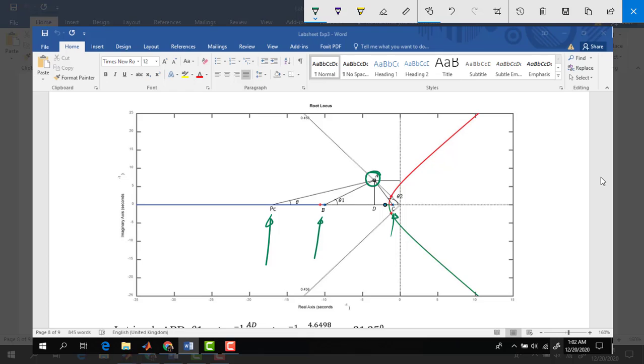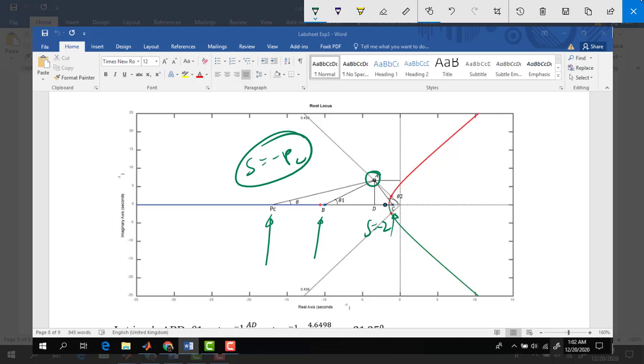You can notice that there is no point at s equal to minus 2, because we know that we have placed a zero here. So the effect of pole and zero cancels each other, so there is no line drawn from this s equal to minus 2 to that desired point. There are only 3 lines, one from s equal to minus 1, one from s equal to minus 10, another one at s equal to minus PC on our desired pole location.